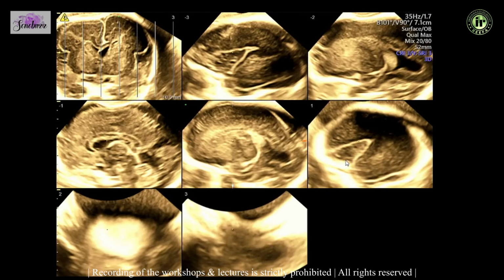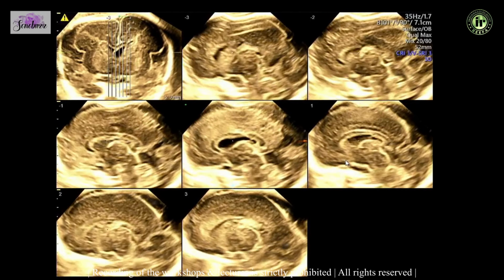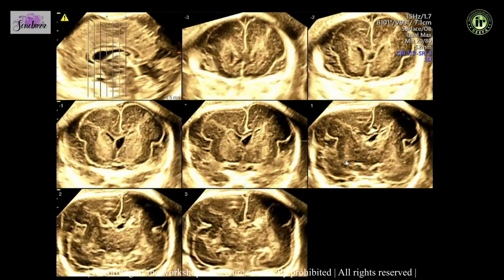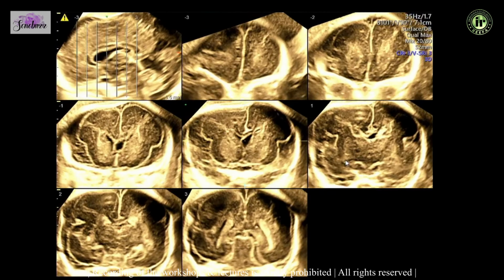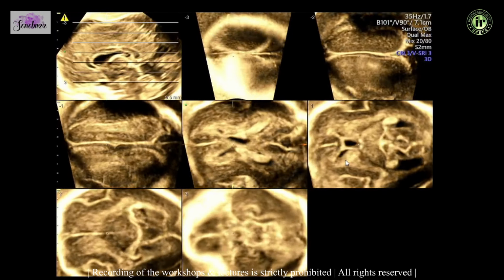You can also get views in the coronal view, multiple coronal views. So the entire neurosonogram in one volume, and that's the axial plane can also be obtained.